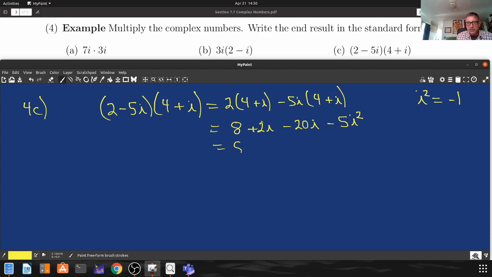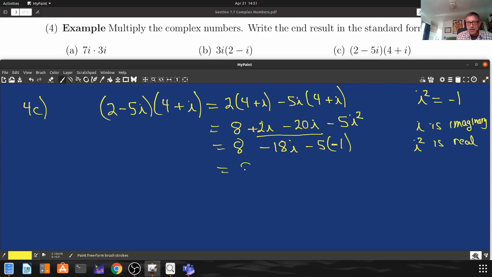So this is equal to 8. These are like terms, so I can add them. 2i minus 20i is minus 18i. And minus 5 times i squared, which is minus 1. So remember, i is a purely imaginary number. i squared is real.